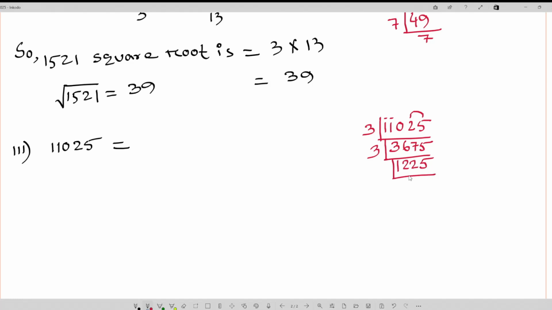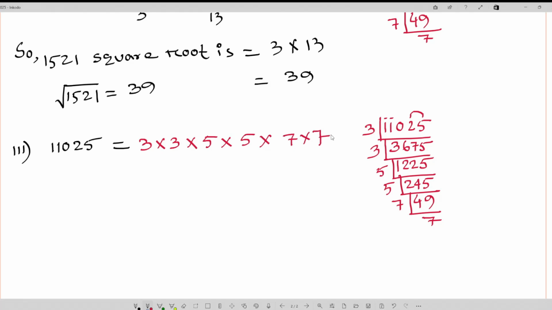Now we will divide this one by 5. So this is 245. Again we can divide by 5. So it will be 49. So 49 we can divide by 7. So we can write 3 times 3 times 5 times 5 times 7 times 7.